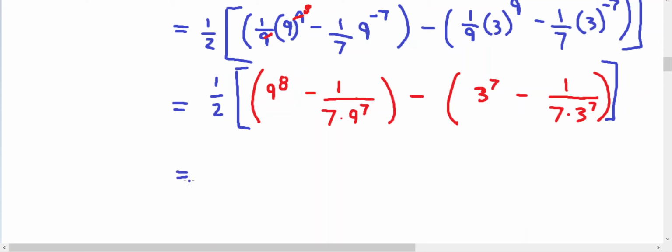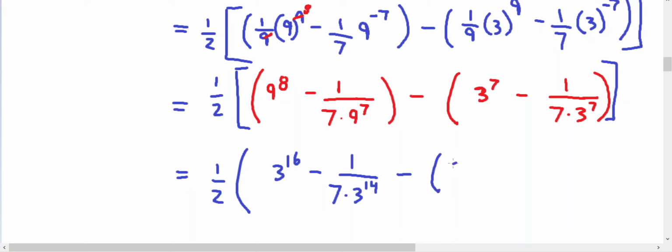So how does this reduce down? 1/2 times, if we get a common denominator here, we also might consider getting this in a power of 3. That way it's all just powers of 3 floating around. So 9 to the 8th is 3 squared to the 8th, which is 3 to the 16th. Similarly, 9 to the 7th would be 3 squared to the 7th, so this is 7 times 3 to the 14th.